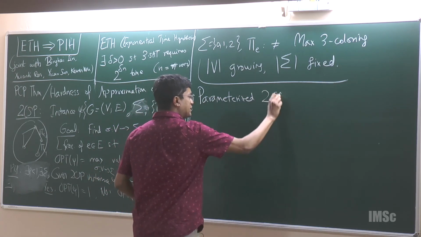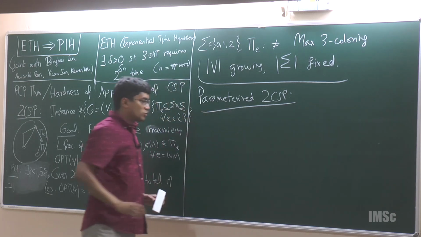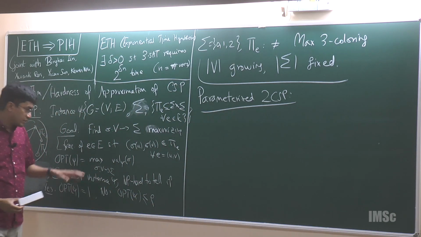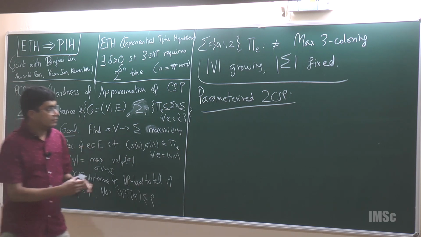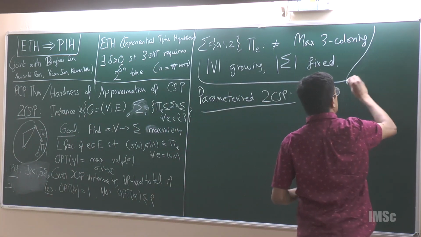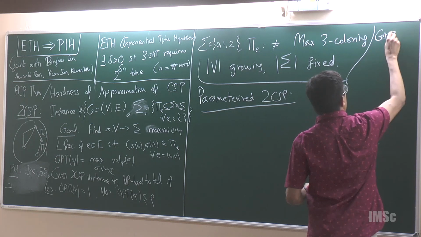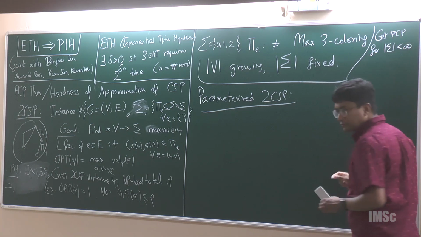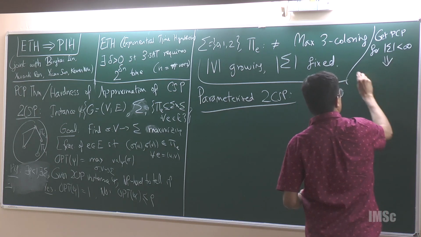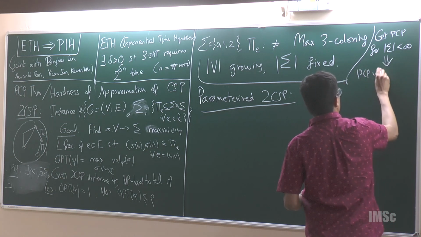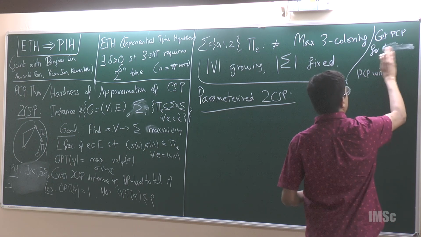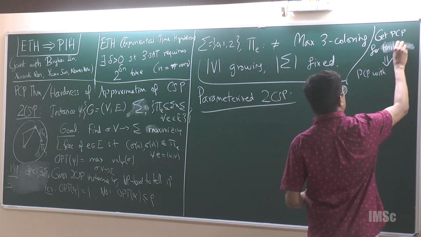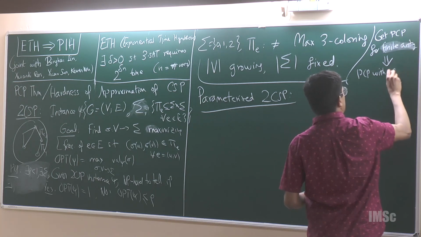Again, I'll stick with 2 CSP, but really it's not so important. One thing maybe I'll mention: once you get PCP for any finite sigma, that implies PCP for any arity, arity 2.